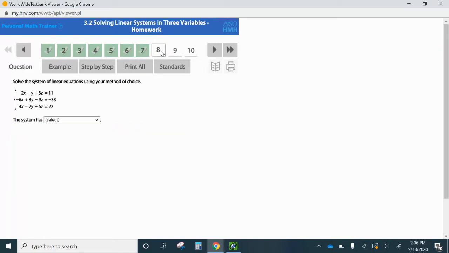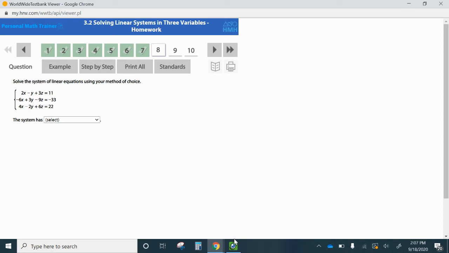So that's question number 8. 2x minus 1y plus 3z equals 11. Negative 6x plus 3y minus 9z equals negative 33. 4x minus 2y plus 6z equals 22. All right, I've written it down.